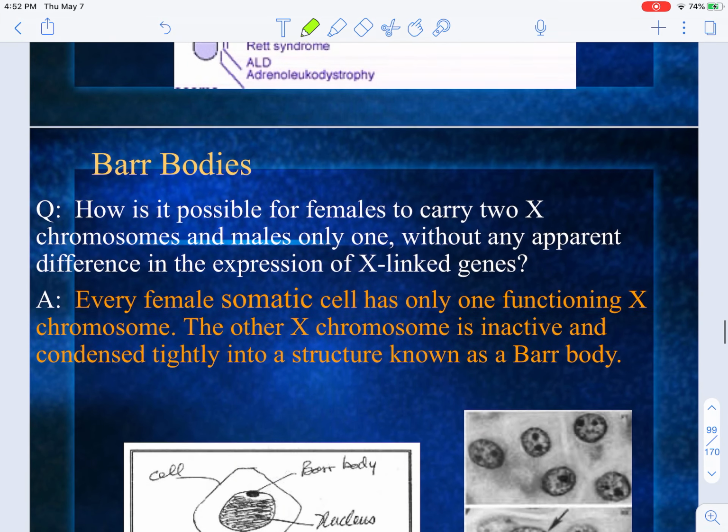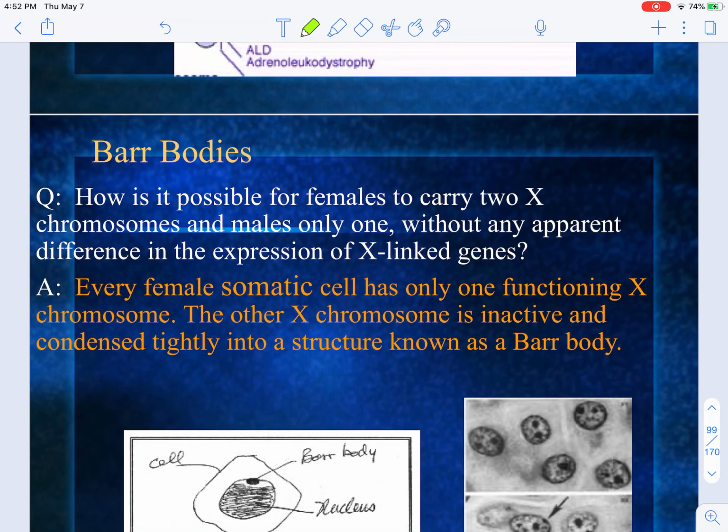All right, so I think you guys can confidently do your sex-linked crosses that are in your practice. And we have this little interesting thing about bar bodies, and this is just for the genes on the X chromosome.